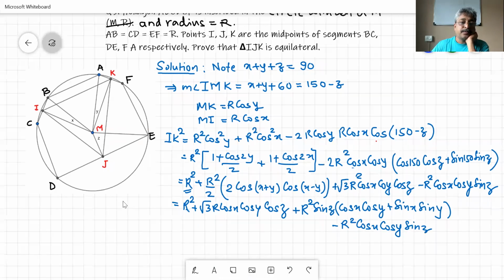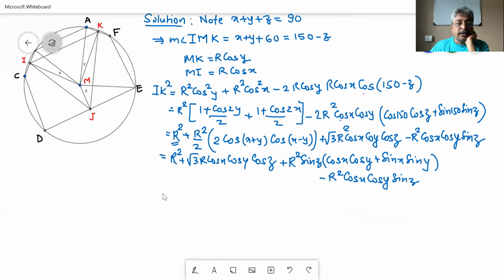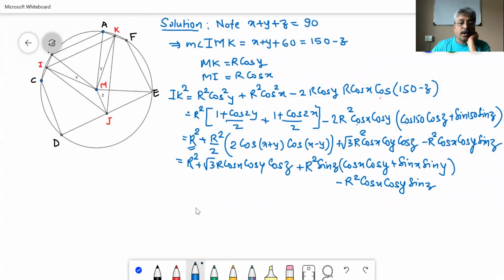Okay. Now you will observe that once we expand this, we have one more symmetric term here, which we can write as R square plus root 3 R square cos x cos y cos z.